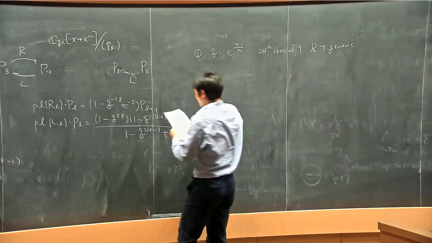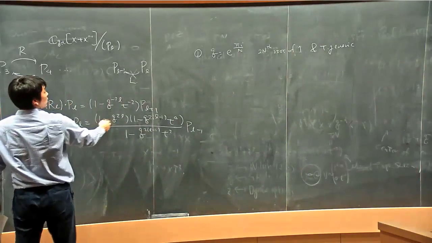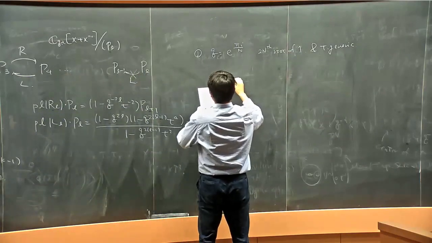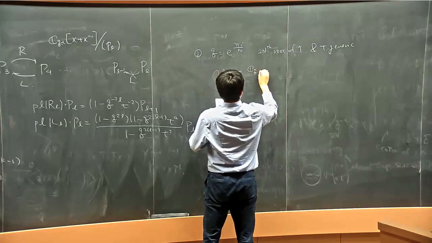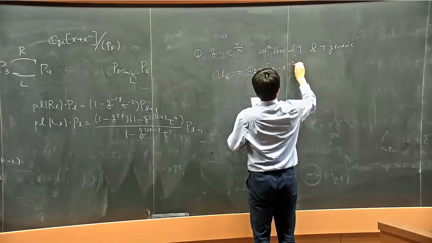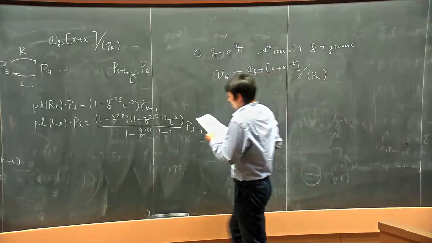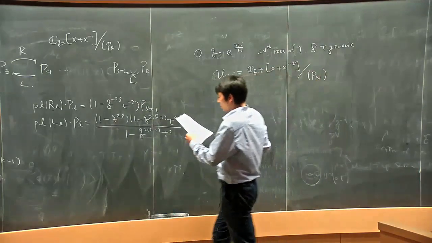In this case, this term vanishes when PL is equal to n. So therefore, I just define U_n, which is a finite dimensional representation, C_{q,t}[x plus x inverse] over P_n. So this becomes a finite dimensional representation.